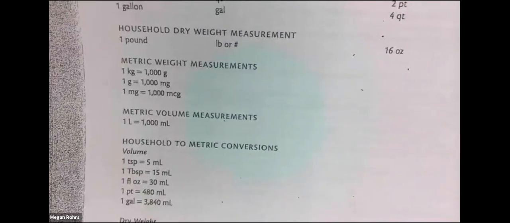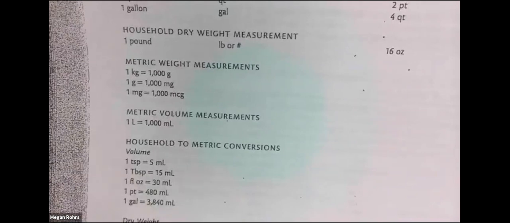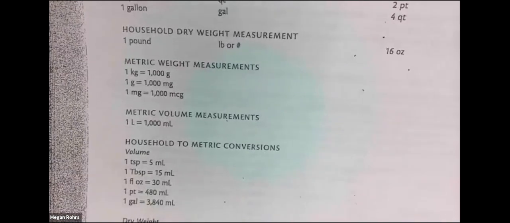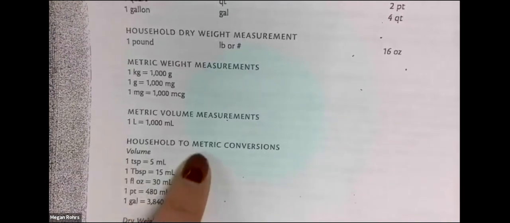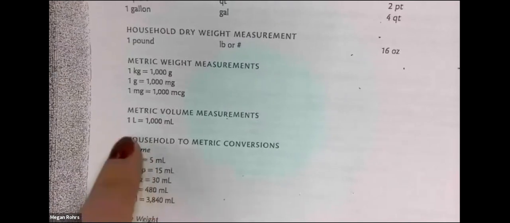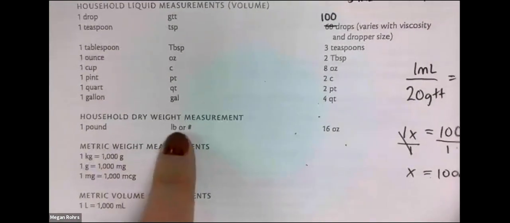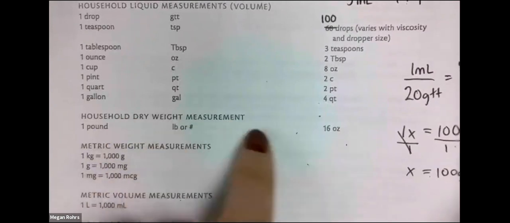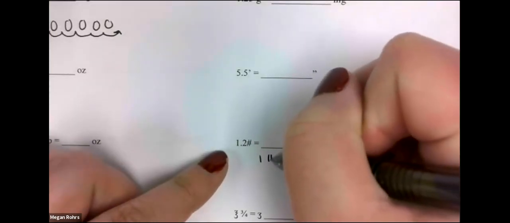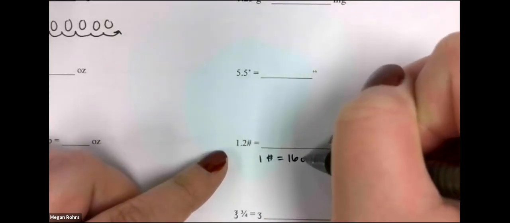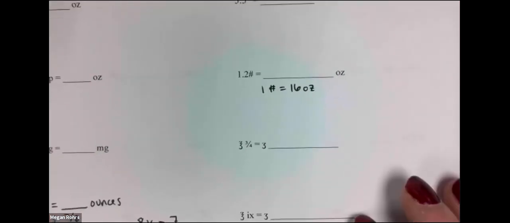So let's see what we have. We have household to metric. Household, 1 pound equals 16 ounces. So we know that. So 1 pound equals 16 ounces. Now let's use dimensional analysis, okay?